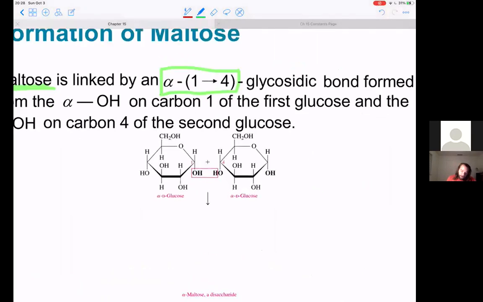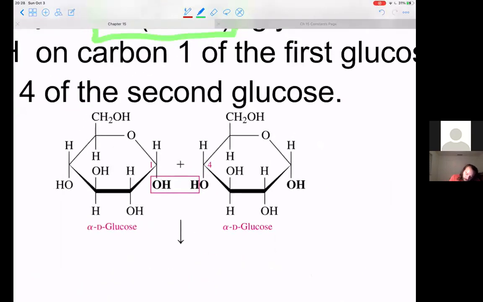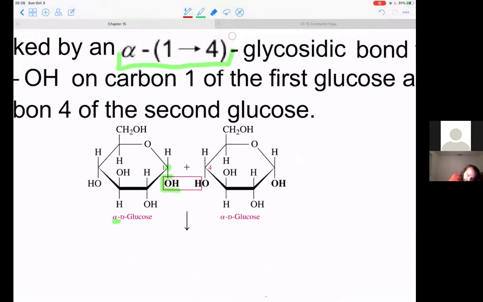Okay, so what does that mean? That means that the anomeric carbon that has the hydroxyl group that's going to form the glycosidic bond is in the alpha conformation. That's what this portion is telling us.